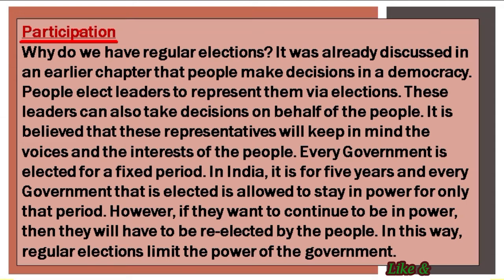And we also learned that in a democratic government, people elect their leaders, or we can say representatives, via elections. And these elected representatives can take decisions on behalf of the people.